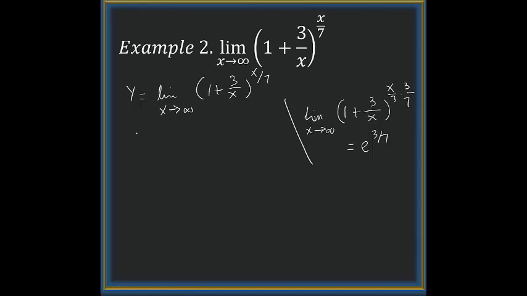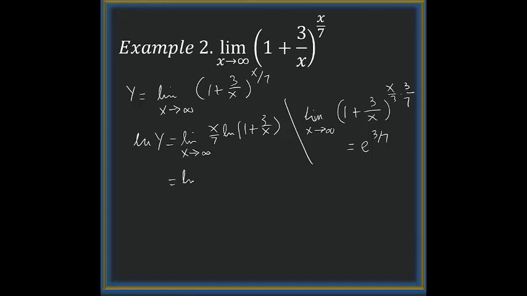Now take the natural log on both sides. So natural log of y will be, keep your limit, then you have x over 7 times natural log of (1 plus 3 over x). Now, since we are ready to apply L'Hopital rule, the term I have here, x over 7, I should put in the denominator when I reciprocate it one more time.